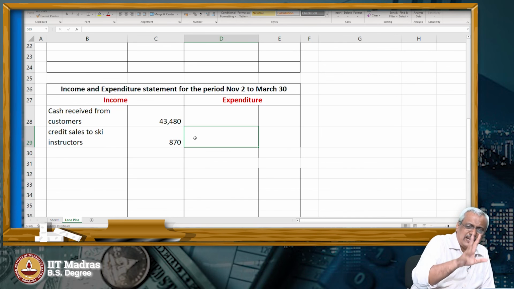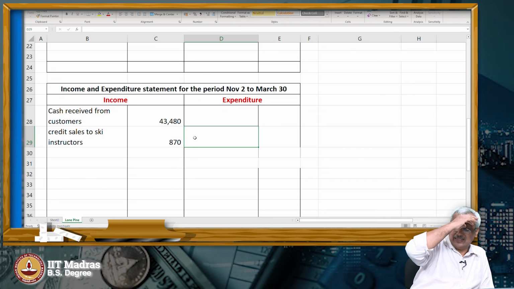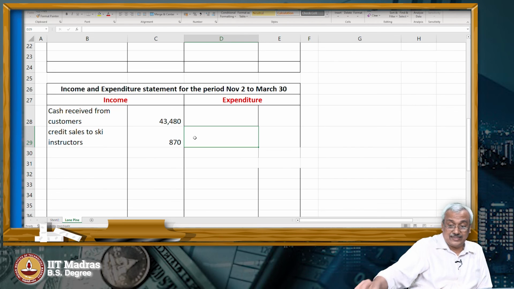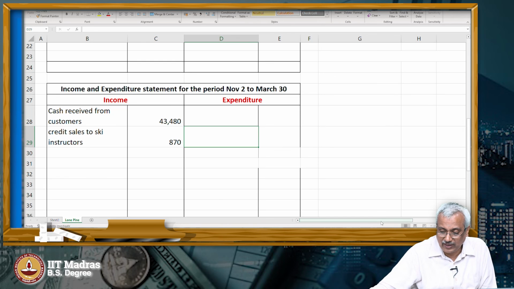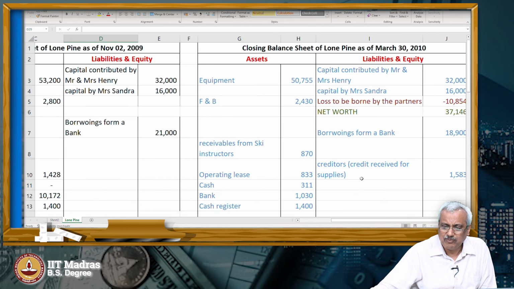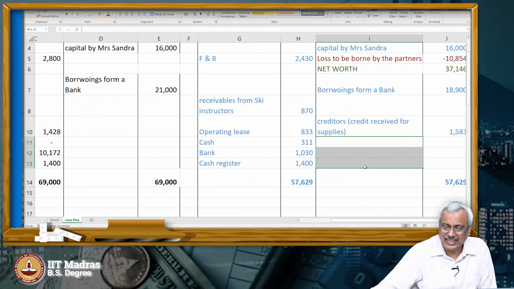So, what is your total income? Total income is whatever cash I have received from customers. Sir, you might have received advance. Yes, I might have received advance, but if I have received advance, my closing balance sheet should show the advance that I have received as a liability, because I have not performed the job for him, and in the event of the cafe's closure, I have to pay him the money back.